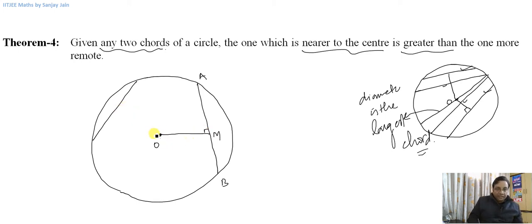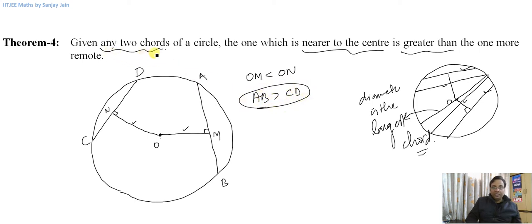And let this be point N, and this will be chord CD. Now if OM is lesser than ON, then I need to check whether AB is greater than CD or not.